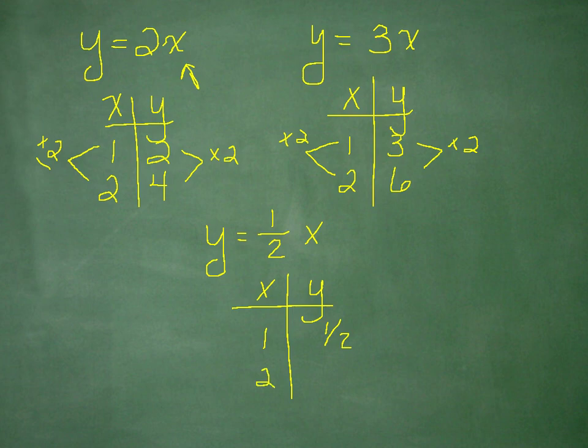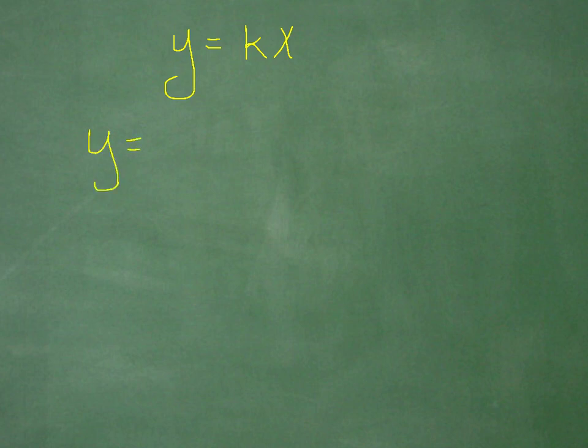Well, 2 times 1/2 gives me 1. Well, look at this equation here. Looking at the x column, 1 times 2 gives me 2, and again, 1/2 times 2 gives me 1. So hopefully everyone here is able to see the relationship that you're finding in a direct variation.